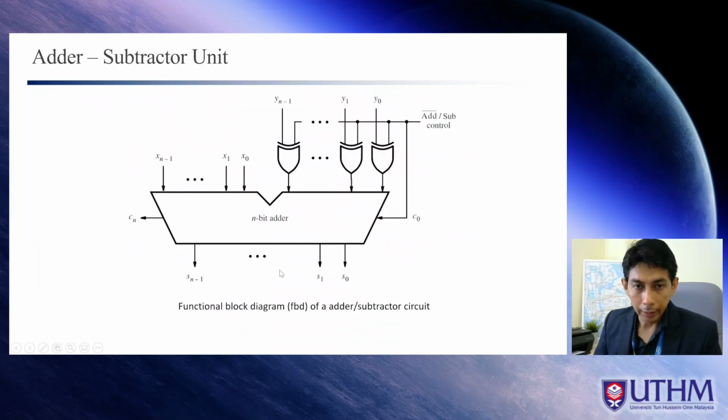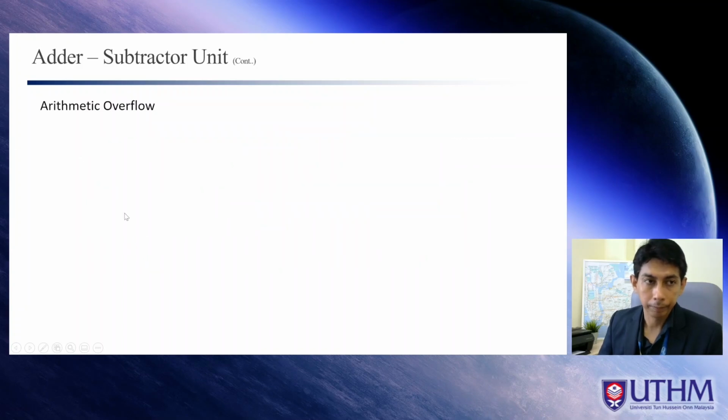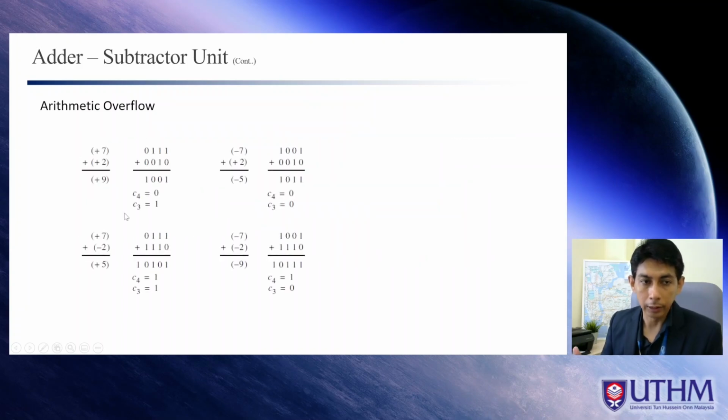And the issue now is that if we have a result that does not fit within the significant bits used to represent the number, it is called an arithmetic overflow, right? So this is the example.